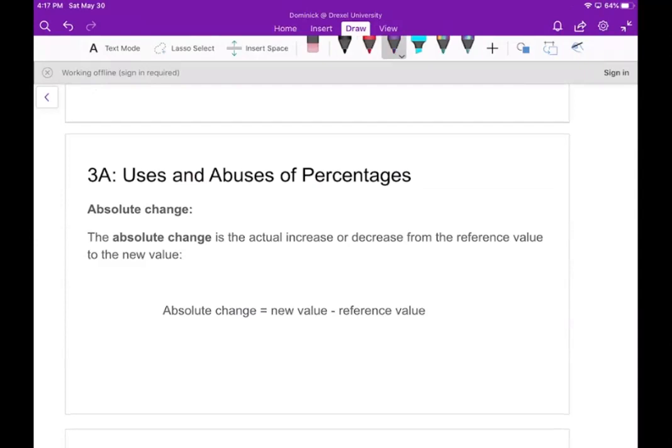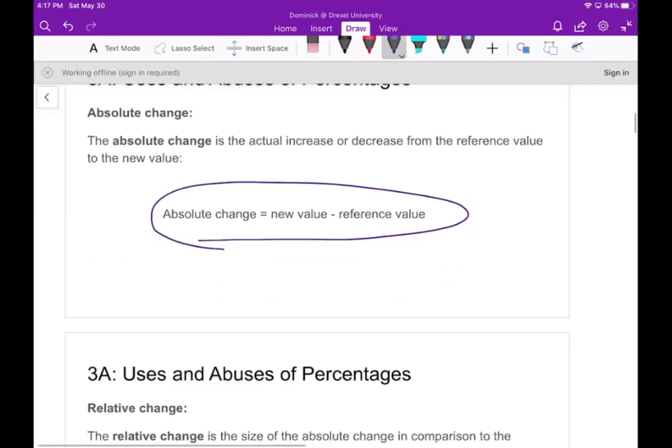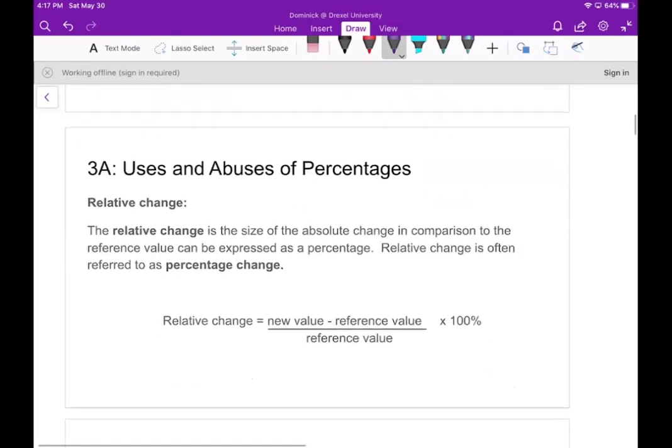All right. Now, how do you calculate each of these things? The absolute change is the actual numerical increase or decrease from the reference value. So you just find the new value minus the old value. All right, and that gives you your absolute change. Now, the relative change is basically the absolute change, but in comparison to the reference value that you originally used, right?